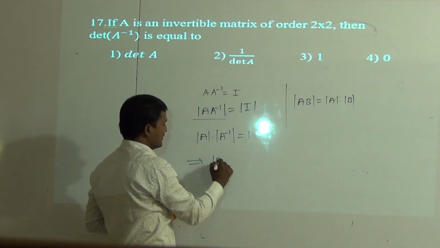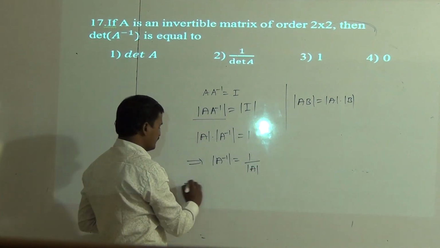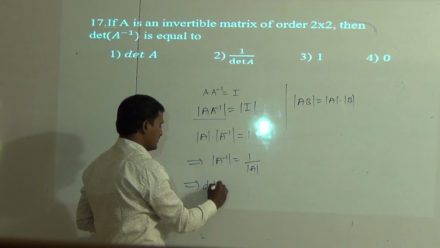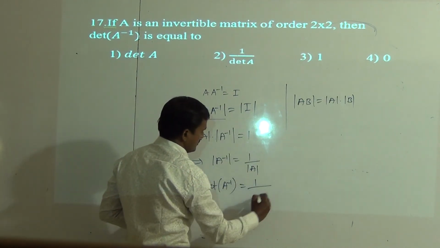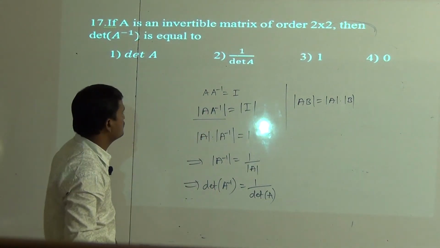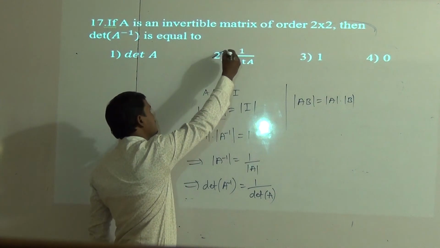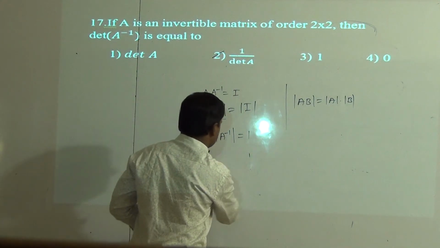So determinant of A inverse equal to 1 upon determinant of A. So therefore check which option is the right one. So clearly the second option is the right one. Okay, we'll go for next question.